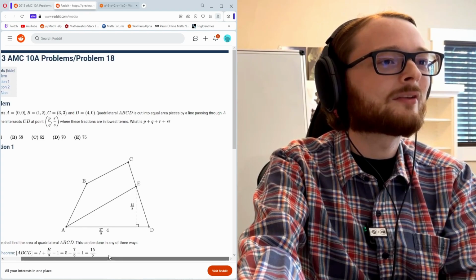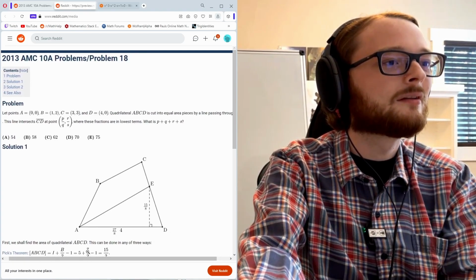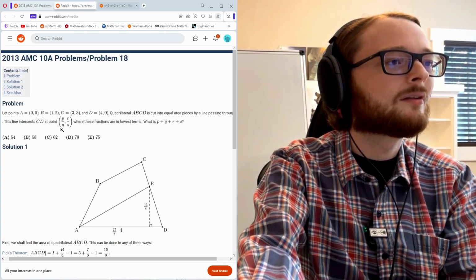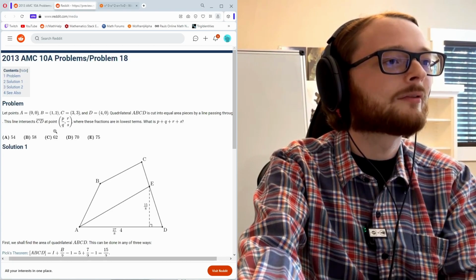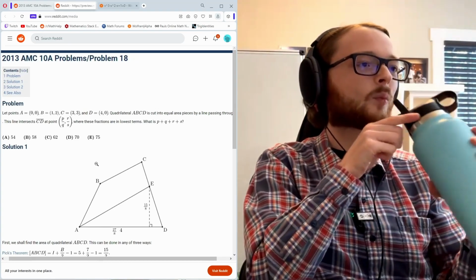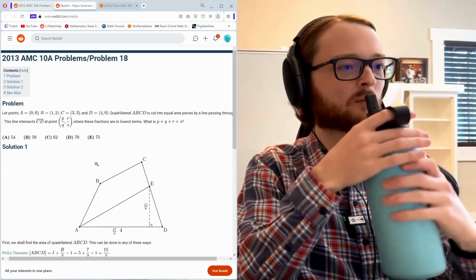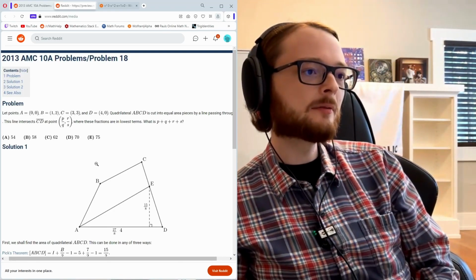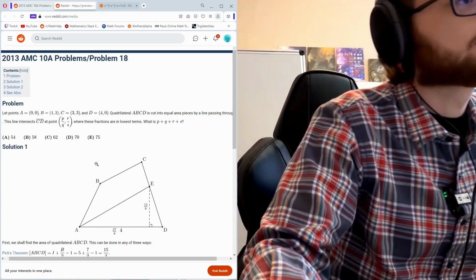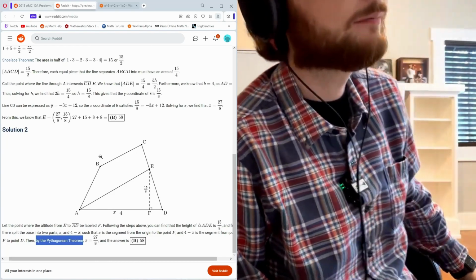The line passing through A divides ABCD into three pieces of equal area. The line intersects CD. Look at solution 2, so that's what their question is on.